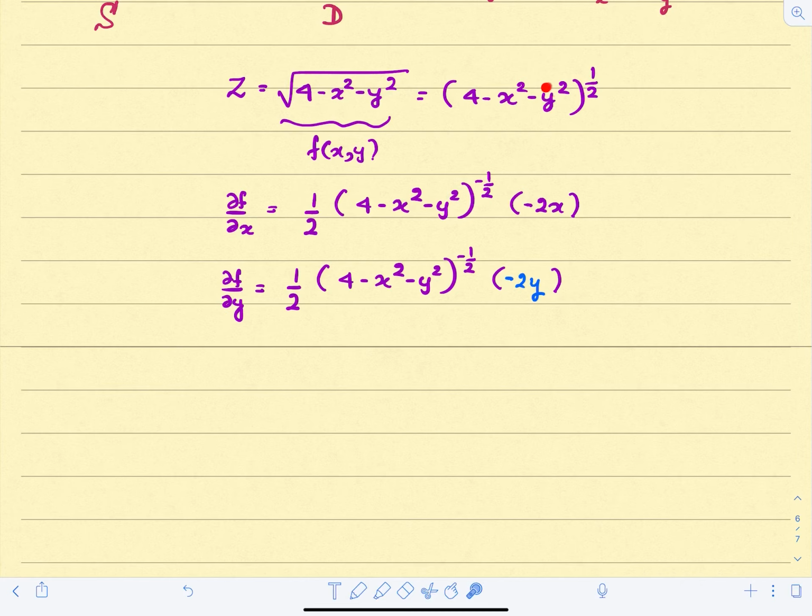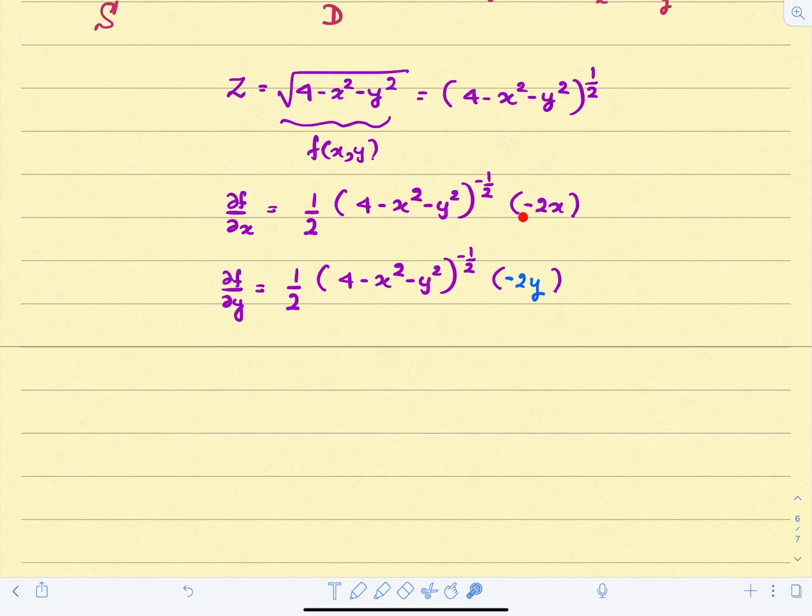So this is something like big X to the power n. So we have n times big X to the power n minus 1, and here your n equals 1 half. So basically I have 1 half times this quantity to the power negative 1 half. 1 half minus 1 is negative 1 half. And then we need to use the chain rule. So we need to differentiate this quantity with respect to the x variable.